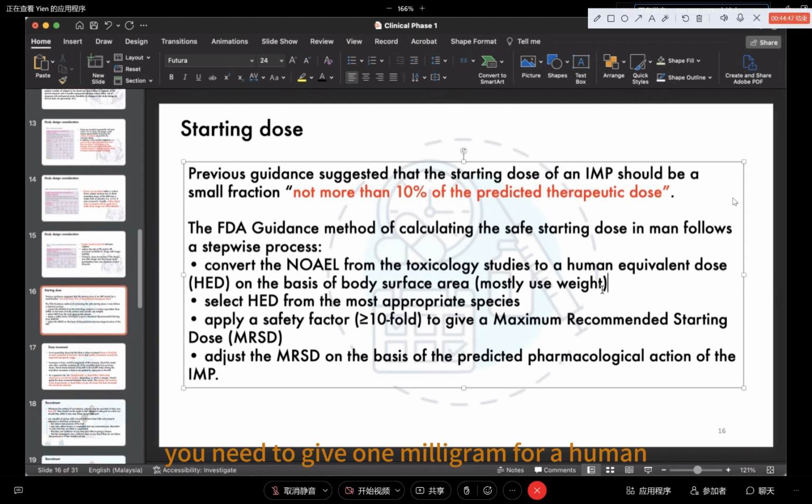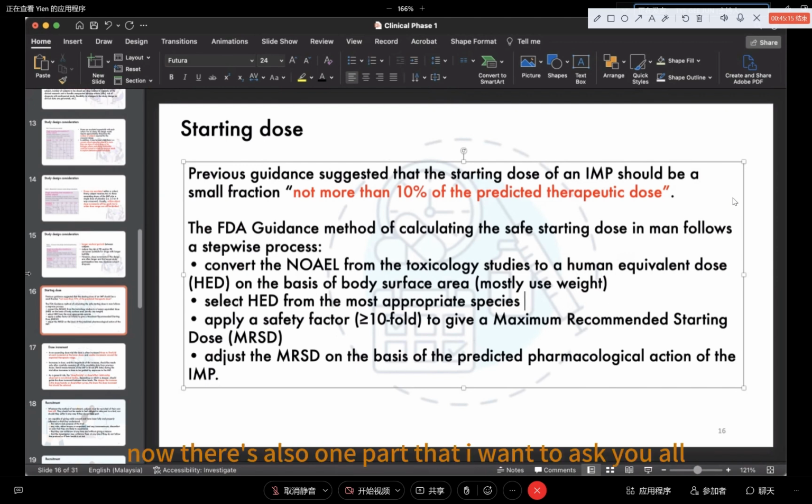Then for a human which is say for example 50 kilos, that person will be 500 times more. Which means you might need to go up to 500 milligrams. Okay, 500 milligrams is still possible. But if let's say it's 1 gram and then you need to give 500 grams, then it doesn't make sense anymore. So that is why it is actually crucial for people to understand this.